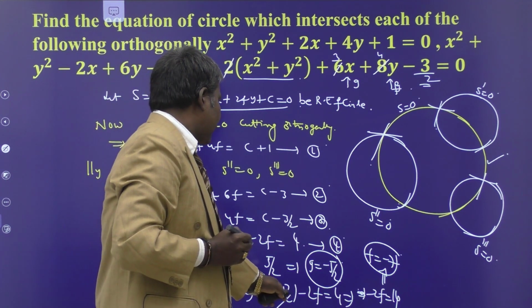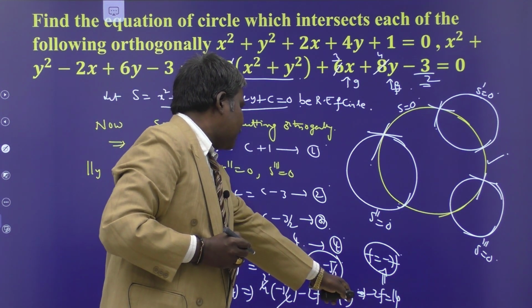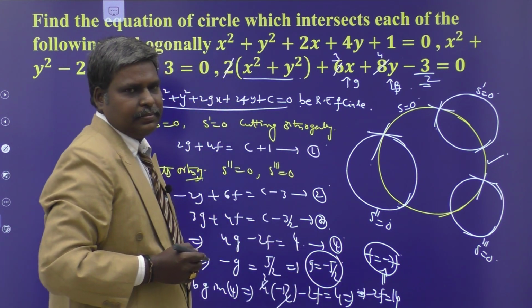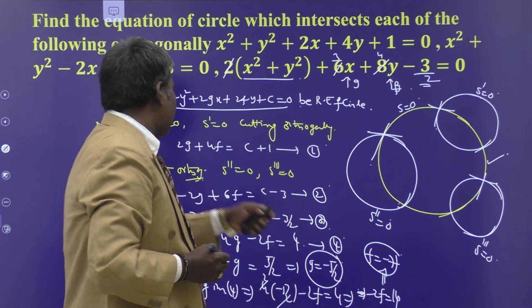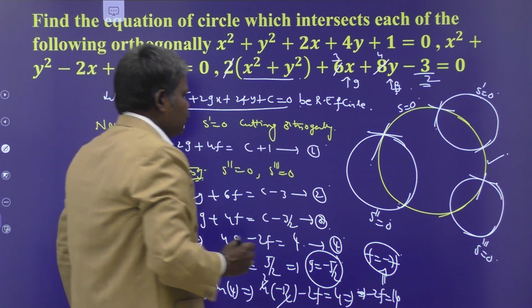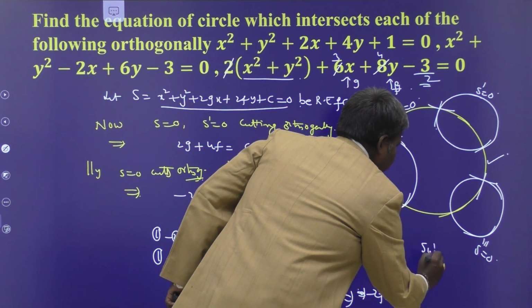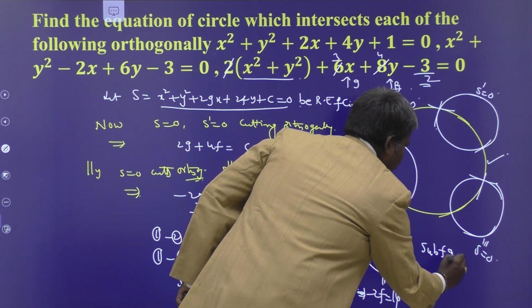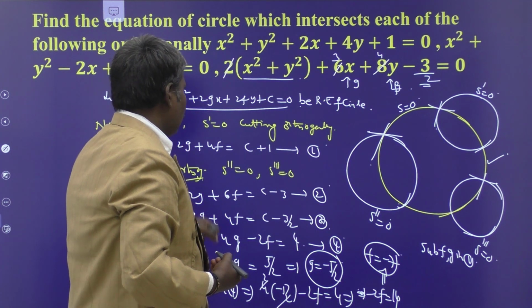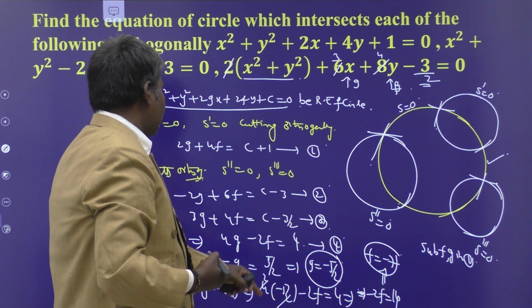Here 2 into minus 5, minus 10. Coming to the right side, plus 10, 14 is there. So f is equal to minus 7. You have f value and g value. Substitute f, g in any equation having c. I am going to substitute f, g in 1. 2 times of g. What is your g value?